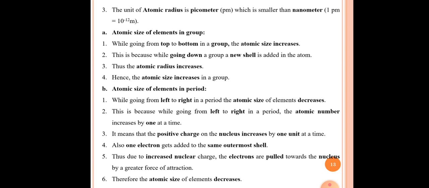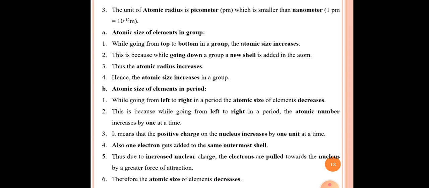See the first point: while going from top to bottom in a group, the atomic size increases. The second point: this is because while going down a group, a new shell is added in the atom. As we go from top to bottom in a group, one electronic shell gets added into the atom.